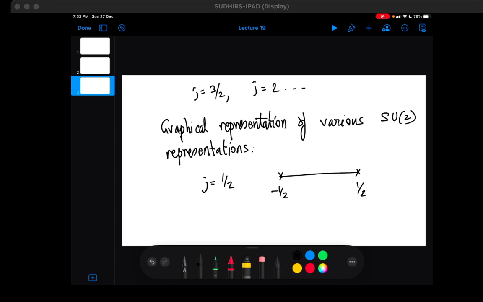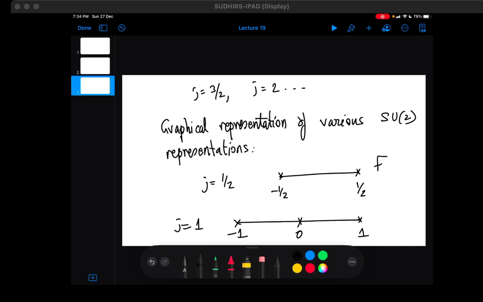Similarly, if we have j equal to 1, the m values would be minus j to plus j, so it is a total of 2j plus 1 values: minus 1, 0, 1. So this is another representation, which is what we have seen as the adjoint representation.